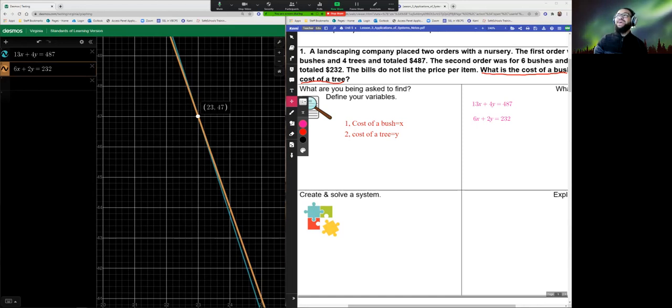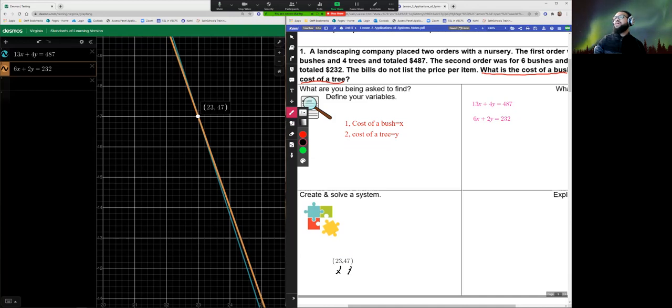And remember, we have an X and a Y, and that correlates with the X and Y that I've assigned my variables to, okay? So we created it up here. I'm going to put down my ordered pair down here. (23, 47). Okay, this is the ordered pair I got. 23 is my X value, and 47 is my Y value.